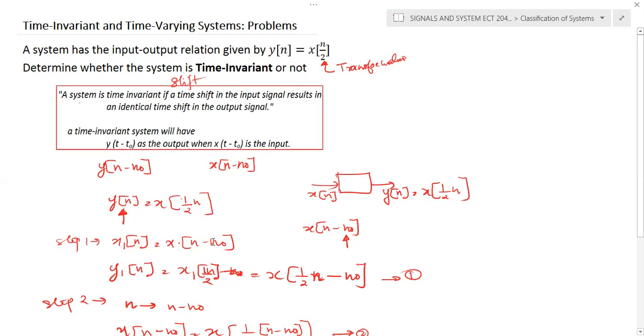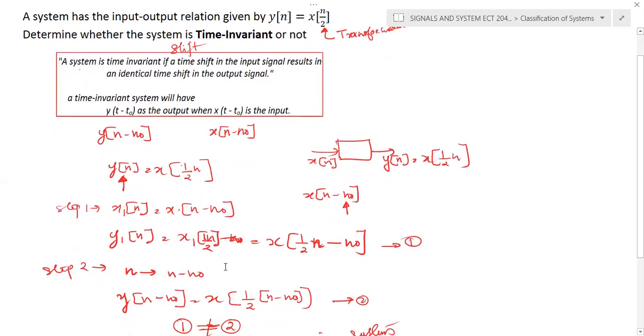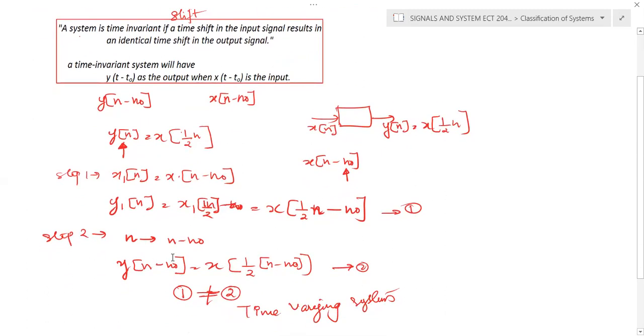And don't confuse the shift operation on the input signal with the shift operation on the output signal. If you apply a shift on the input signal, we are simply shifting by minus n0 units. When you are finding the shifted output, you need to shift the entire equation to y of n minus n0, or replace n with n minus n0.